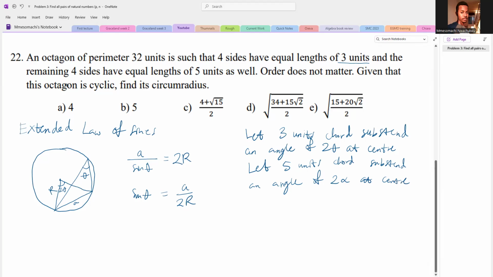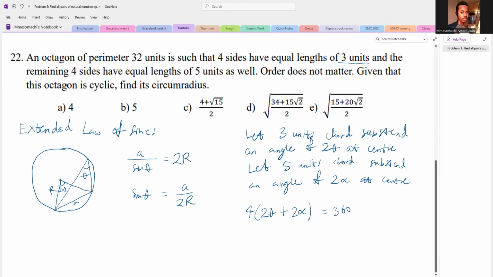Okay, so now what can we say? Since these chords form an octagon which is cyclic, we're going around the circle. So we have 4 3-unit chords, so 4 into 2 theta, and we also have 4 5-unit chords, so plus 4 into 2 alpha. This should give us 360.